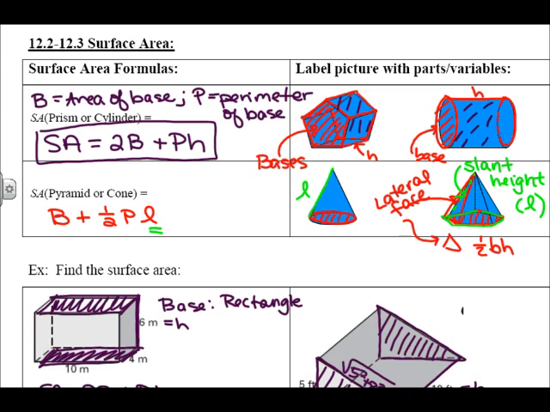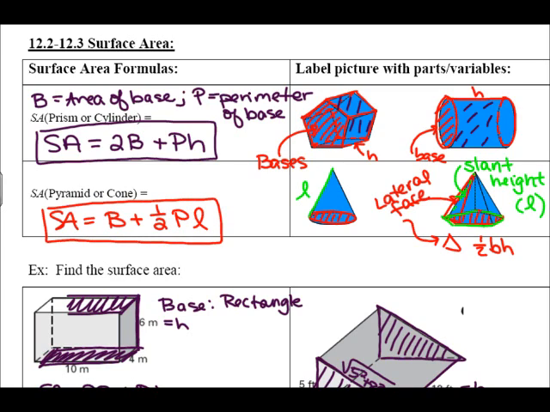So you've got the area of one base plus 1/2 the perimeter times the slant height. So I'm going to rewrite that. Surface area equals one base plus 1/2 perimeter times the slant height. Okay, so let's do some examples.